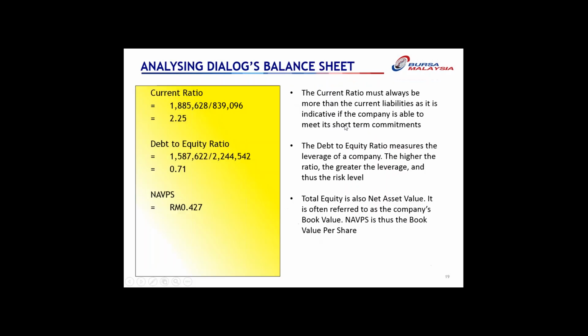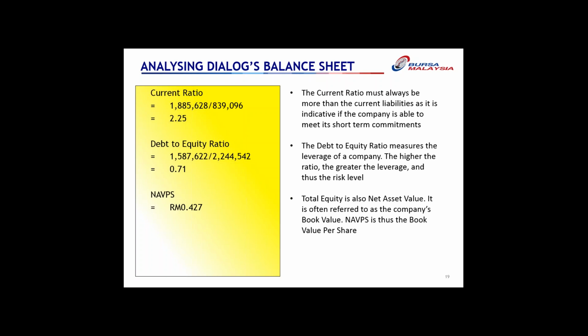Now let's look at analyzing Dialog's balance sheet. The current ratio is actually 2.25. Now, it's very important that a current ratio must always be more than 1, because the total current assets must always be more than the current liabilities.